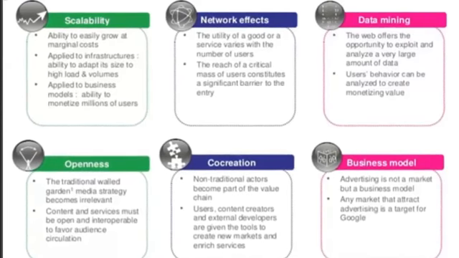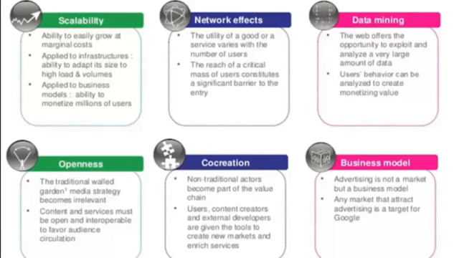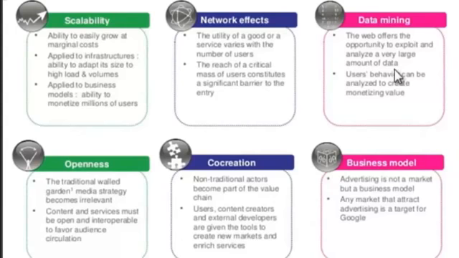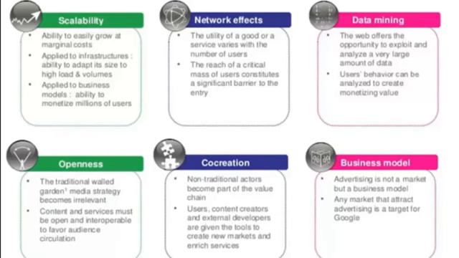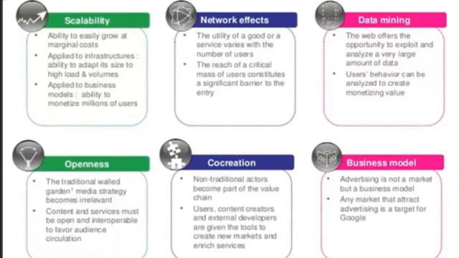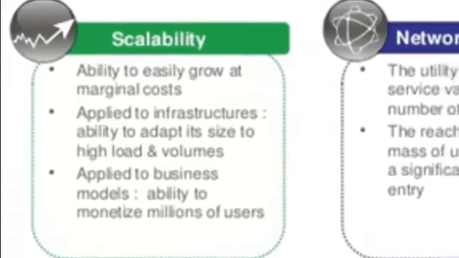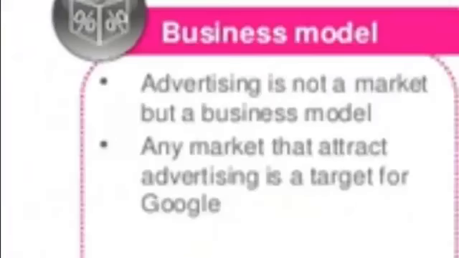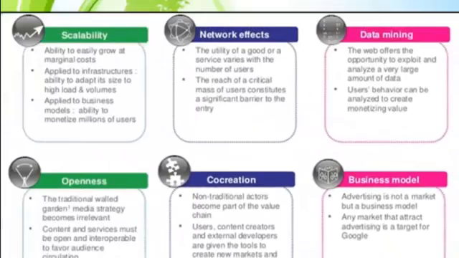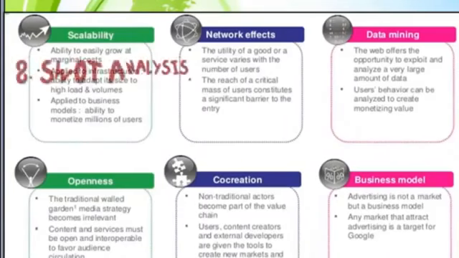Google has applied all of its key success factors in its business model through focusing on its users to help create network effects, implementing a performance-based model to seduce advertisers, creating scalable architecture for a worldwide market, and by changing the rules of the market. There are 6 main key success factors for Google: scalability, network, data, openness, co-creation, and business model. The importance of all these KSFs is high for Google.